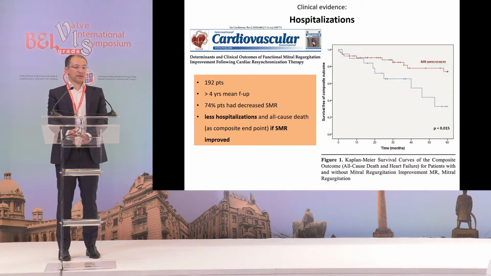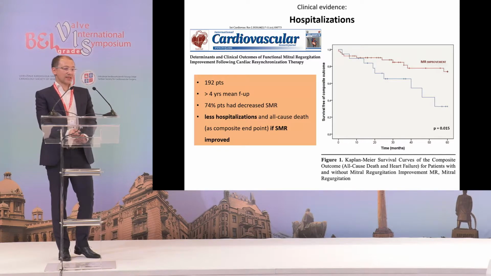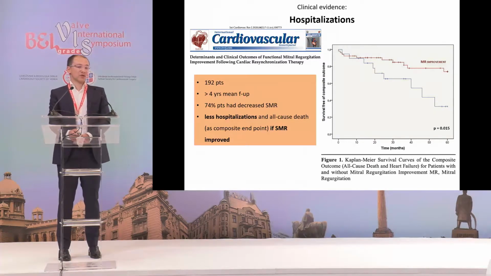Drugi klinički bitan element su hospitalizacije. Doduše, nema studije koja se bavi samo hospitalizacijama. Ovde je kao composite endpoint uzeta hospitalizacija i smrtni ishod i nedvosmisleno je pokazano da ako postoji responder u smislu MR improvementa na CRT, to je povezano i sa manjim brojem hospitalizacija. Dug follow-up opravdava da ova studija bude interpretabilna i da se uzme za relevantnu, kao i činjenica da su 3 od 4 bolesnika imala smanjenje sekundarne mitralne regurgitacije.